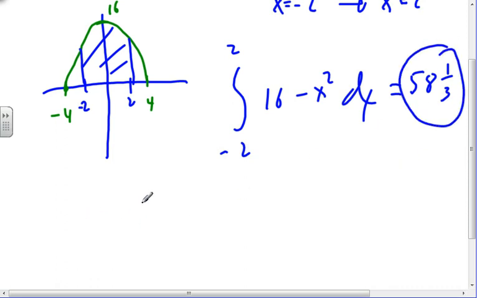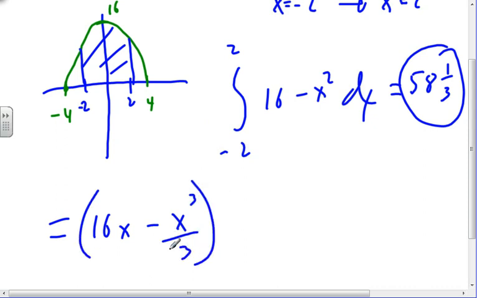Okay, so that's what I got using my calculator. Now we're going to do the integral thingy, and we're going to get 16x minus x cubed over 3 evaluated at -2 and 2.